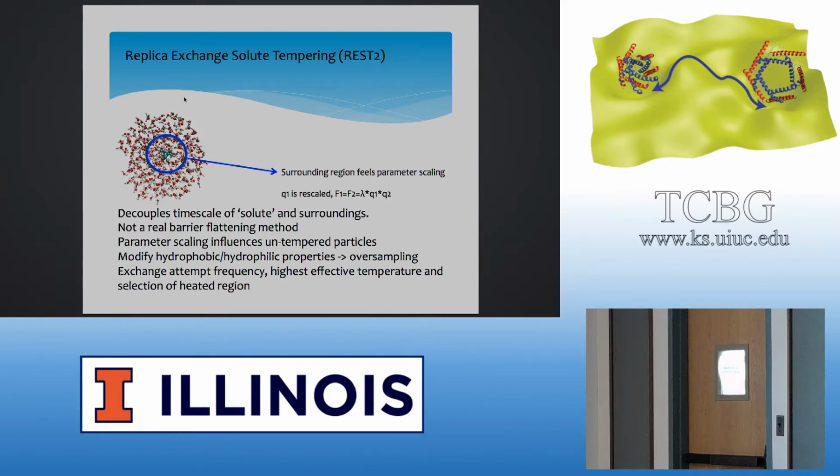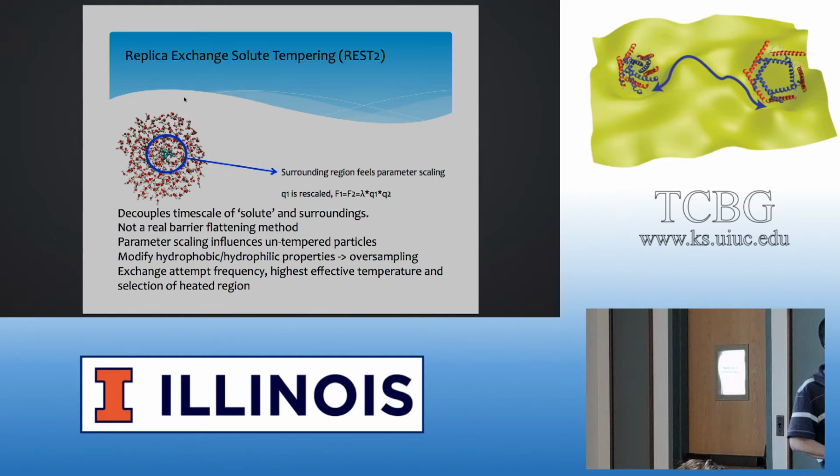We know that even if only charge 1 is rescaled, the force felt by the surrounding atoms also is scaled. So that means REST2 not only enhances sampling of the solute, but also indirectly accelerates sampling of surrounding particles.